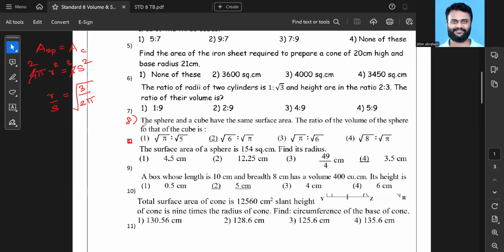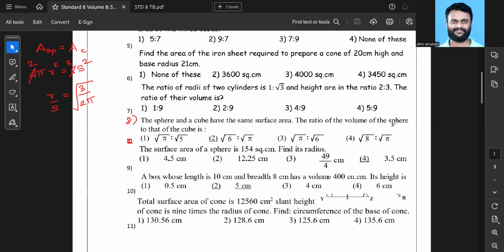Sure. In the eighth question, they have said that the area of a sphere and cube are the same. They are asking for the ratio of volume of sphere to the cube. So area of sphere is equal to area of cube. I've written the formula for area of sphere and the formula for area of cube. I've cancelled whatever was possible from my end.